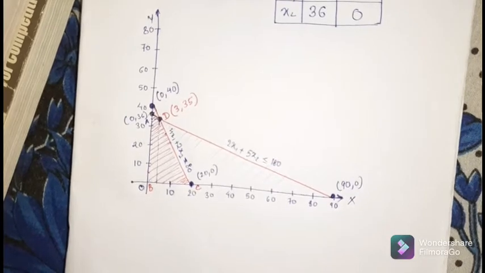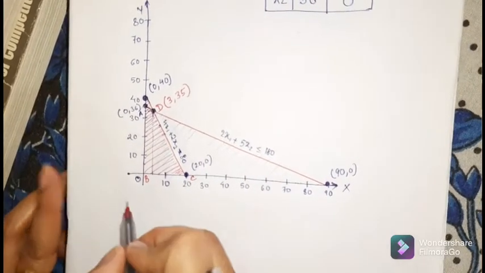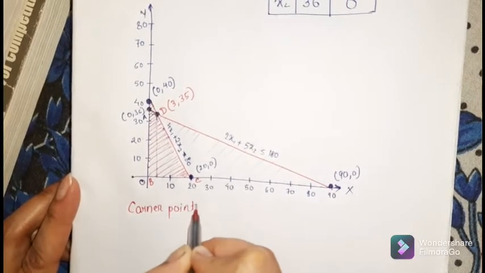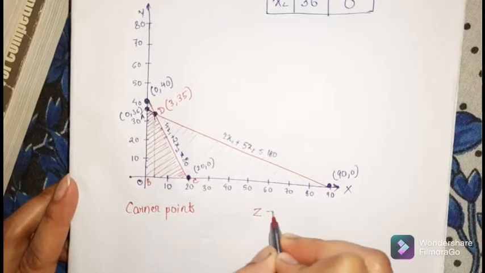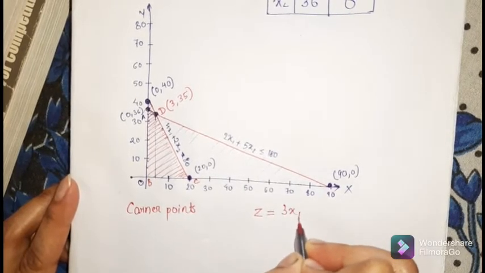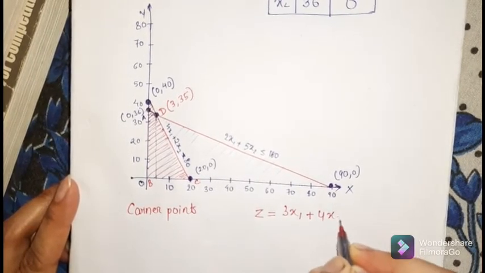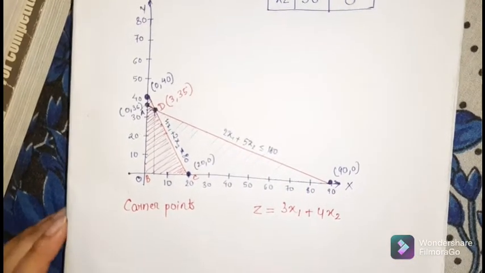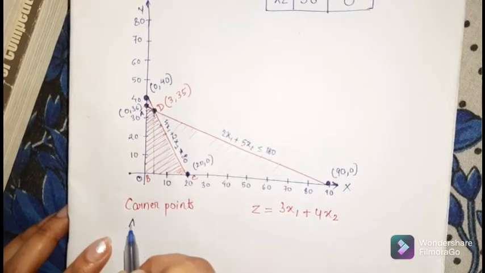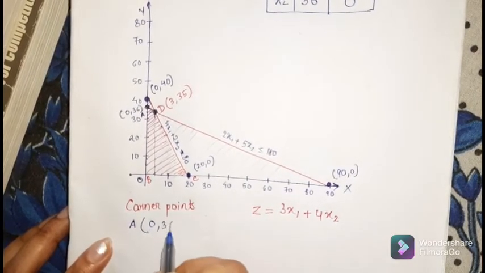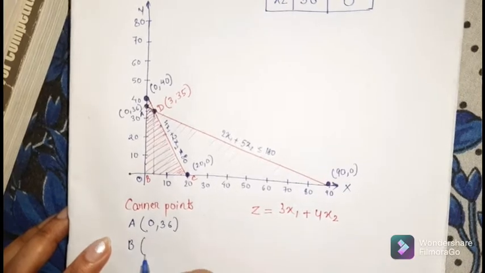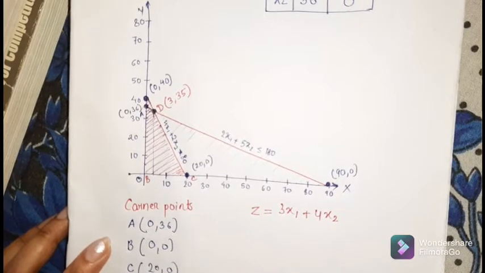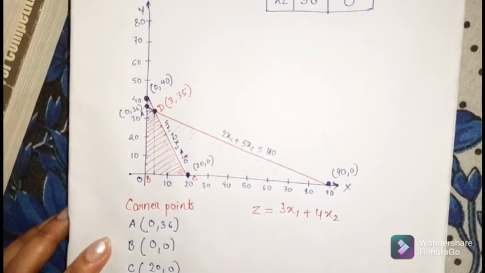Now we have to find out the value of z. Here we write the corner points, and z equals 3x1 plus 4x2. The first corner point is A, this is 0 36, B is 0 0, C is 20 0, and D is 3 35.